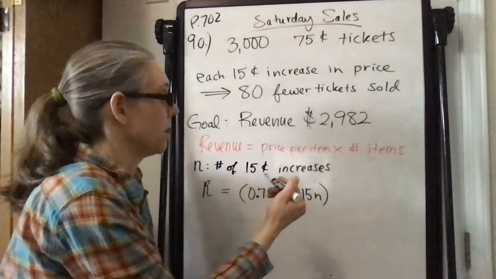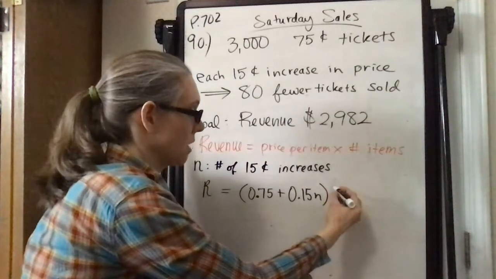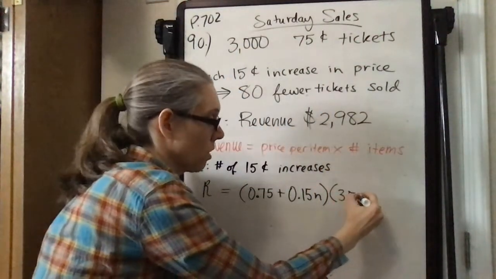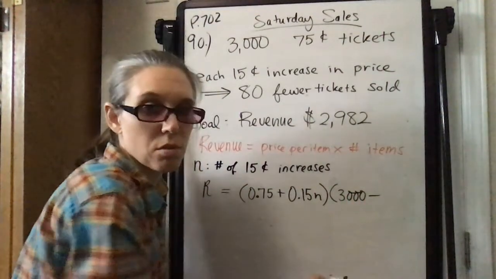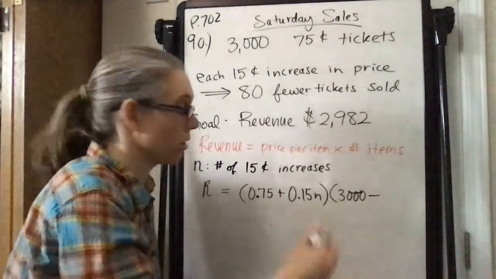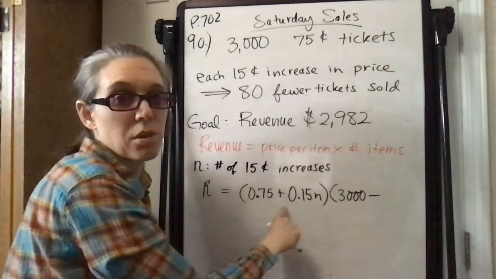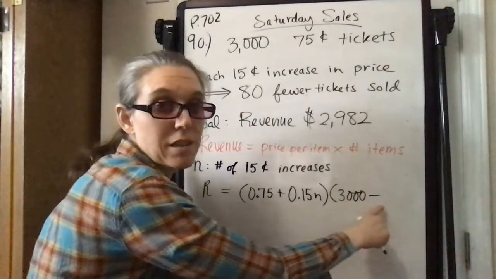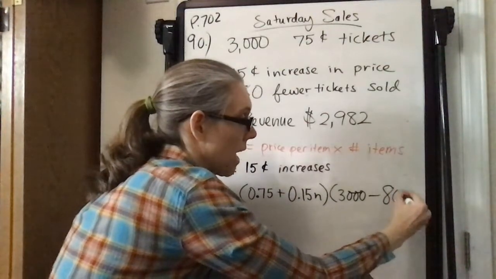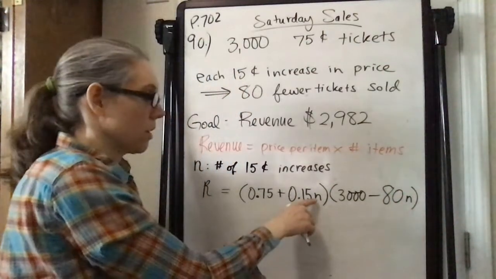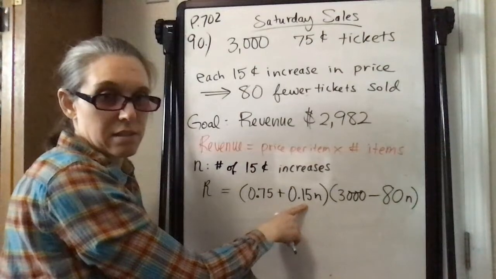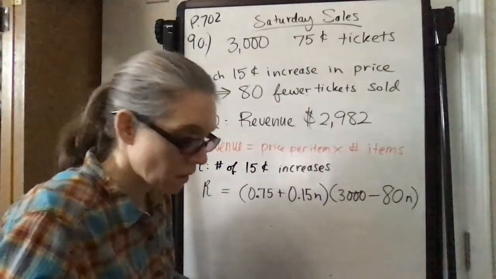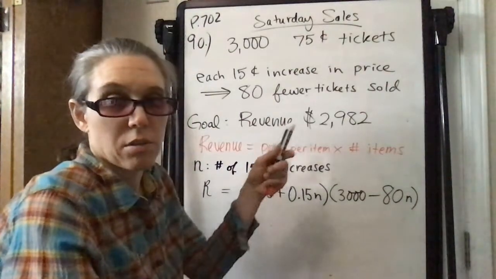And then the number of items ends up being, instead of your usual 3,000, you're going to drop your usual 3,000 by multiples of 80. So every 15 cents your price goes up causes the number of tickets to go down by 80. So if you increase 2 multiples of 15 cents, you drop the demand by 2 multiples of 80. And we want the revenue to equal this amount.